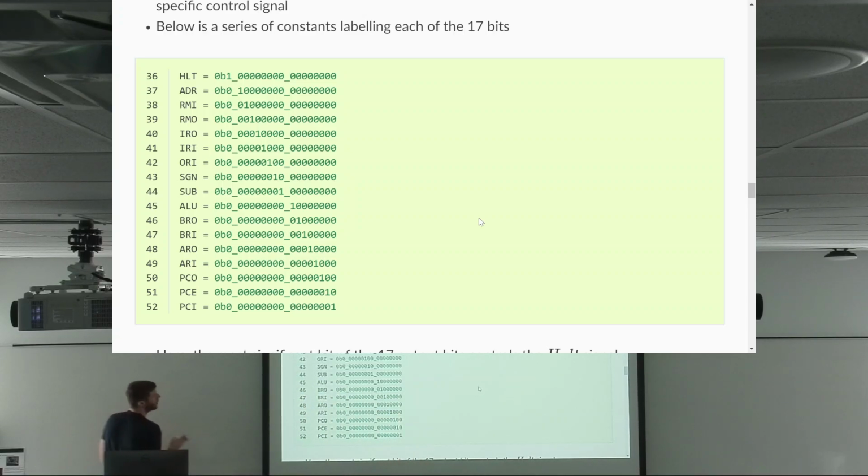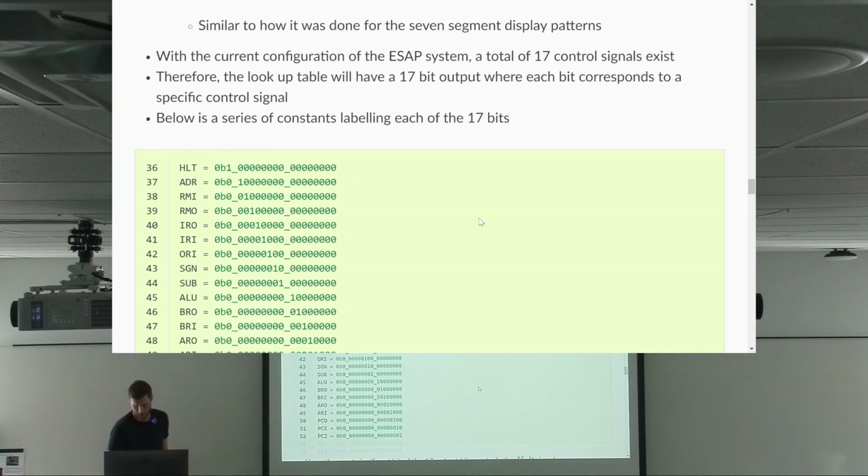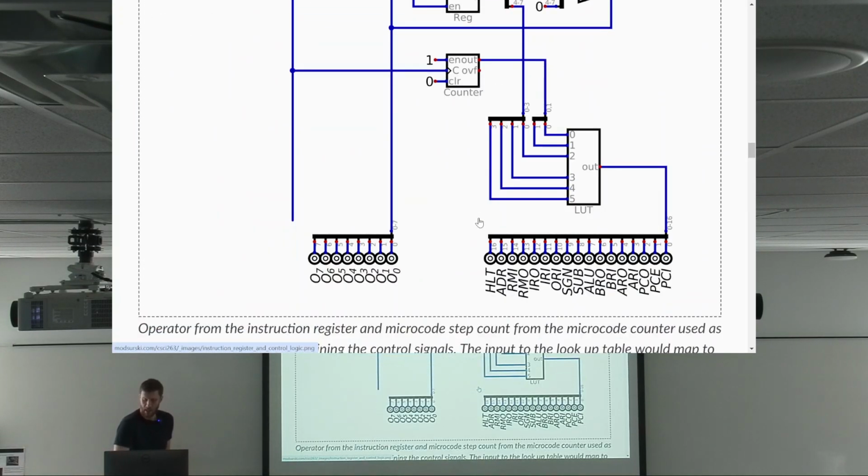Each of these constants corresponds to one of these things, right? If I were to output the constant halt, all I would see is 1 followed by zeros for the remaining 16.